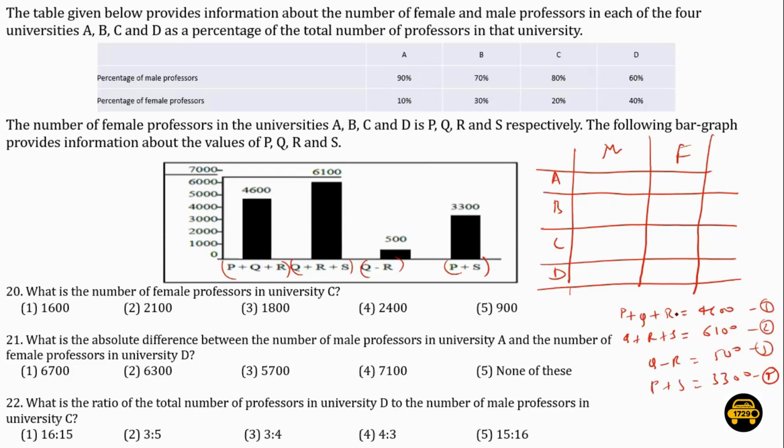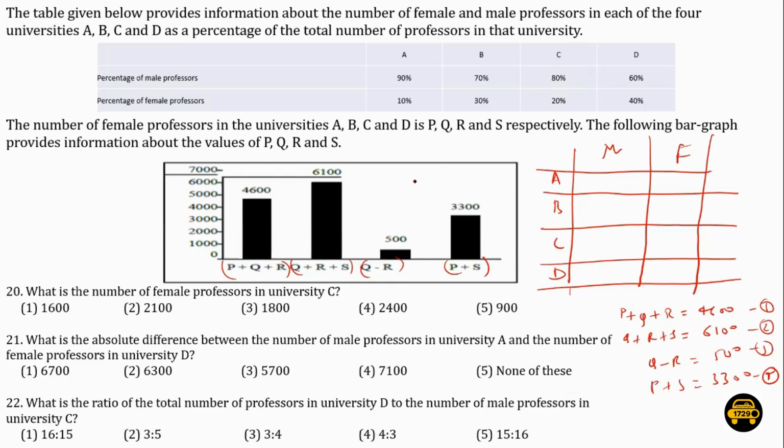Now, how to solve these equations? It's very simple. P plus Q plus R is given, Q plus R plus S is given. If we just subtract equation 1 from 2, we'll get the value of S minus P. And we have one equation in the form of P plus S. In order to solve, we need to convert it into 2 unknowns and 2 equations, and it becomes very easy.